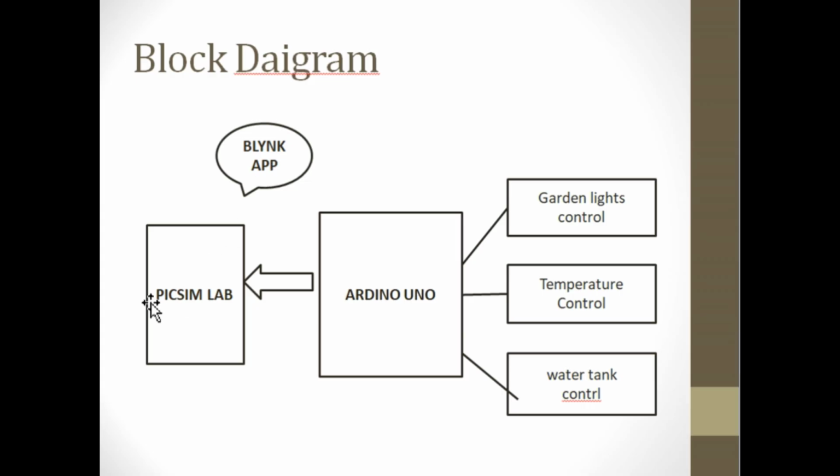We can see the output in PICSimLab, and the software, meaning the coding, is done in the Arduino Uno. For the garden light controller we use LEDs, and there is a temperature controller. Temperature we can see on the LCD, and a water tank controller.